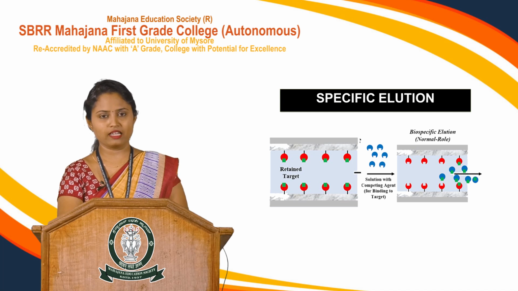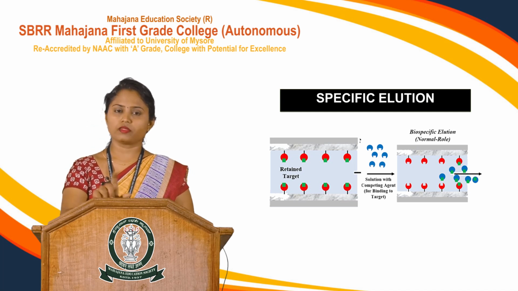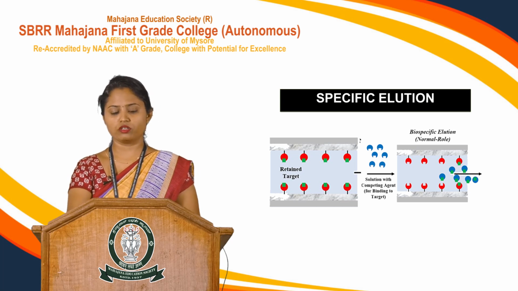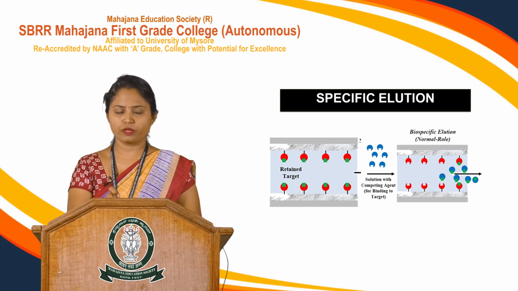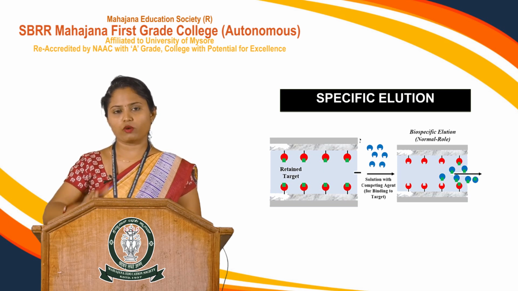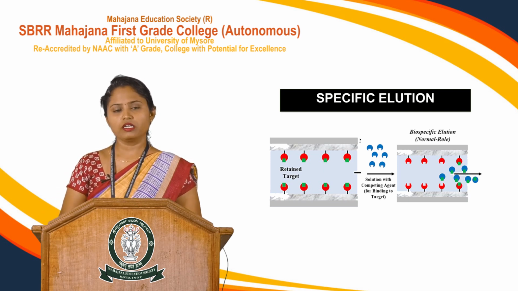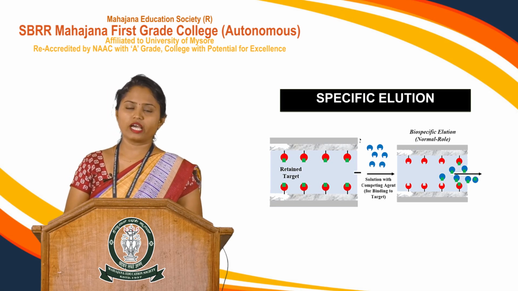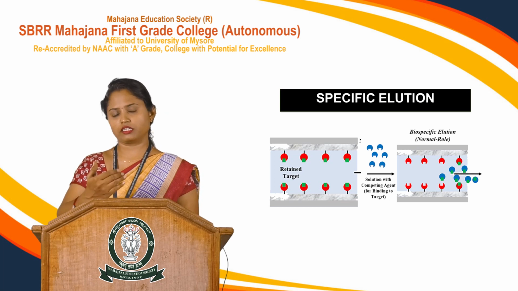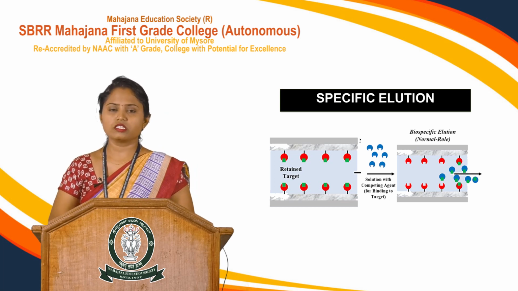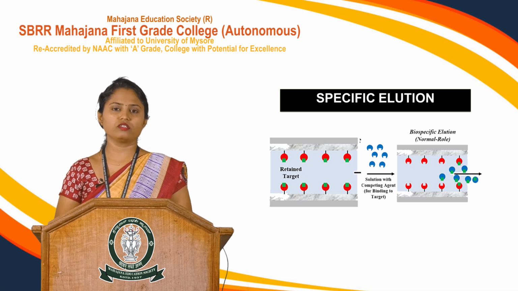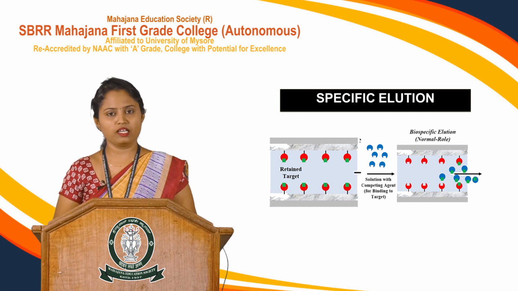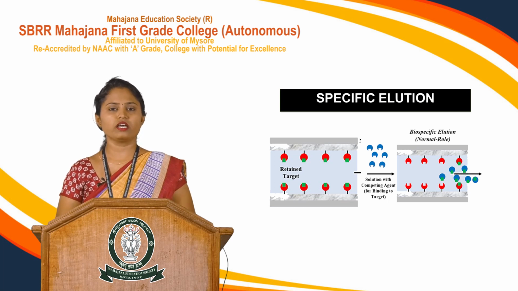Similarly, in the slide, I have taken blue colored geometrical figures as the other molecules which have higher affinity compared to the green ones. As you treat with the specific molecules, and they migrate towards the column, these molecules will replace the already bound molecules. So, you can collect the bound molecules as a fraction. This mode of separation of molecules, by using specific, highly competitive or high affinity molecules, is called specific elution.